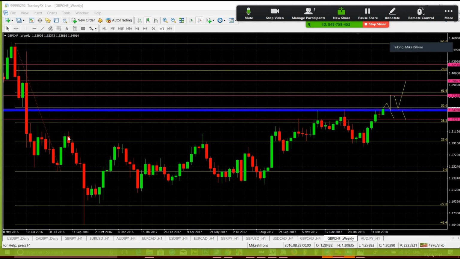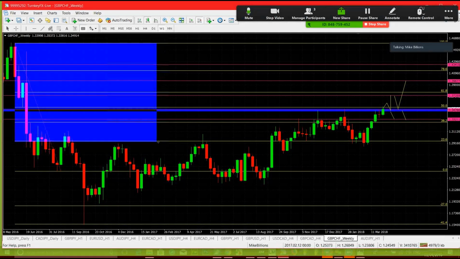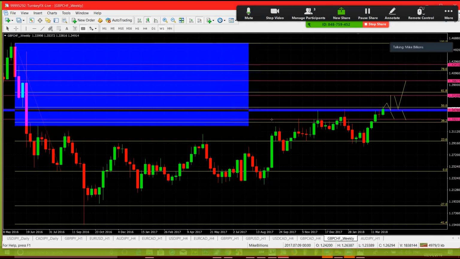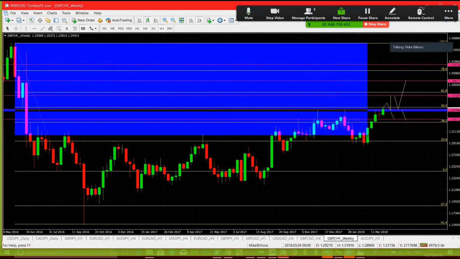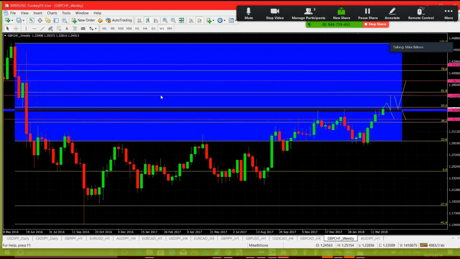Now, the rule says that if it turns at this point, your TP will normally be two things they say. You can draw your TP all the way from up here to where you had that turn. In this case, I would say it turned at the 23.